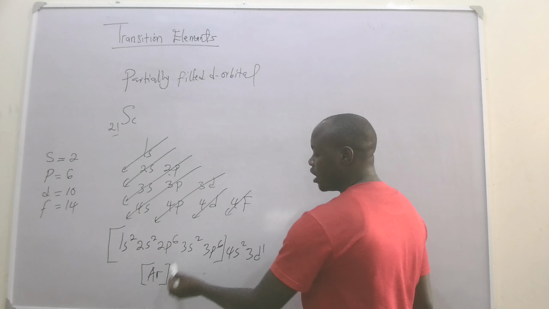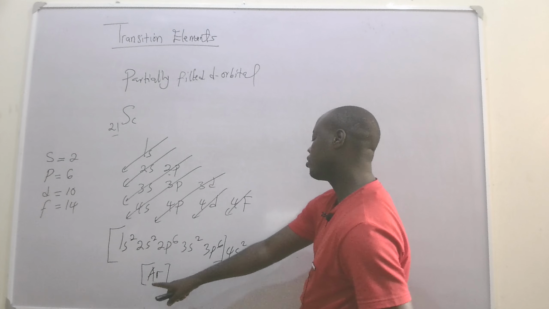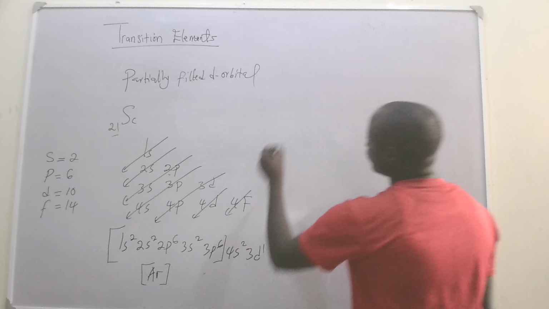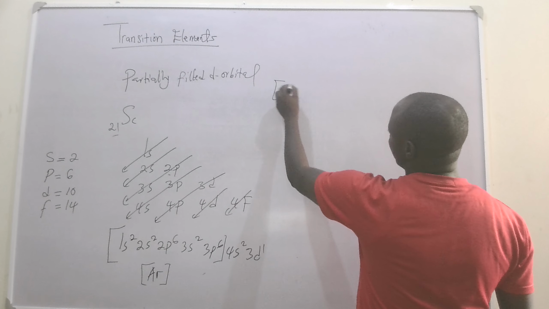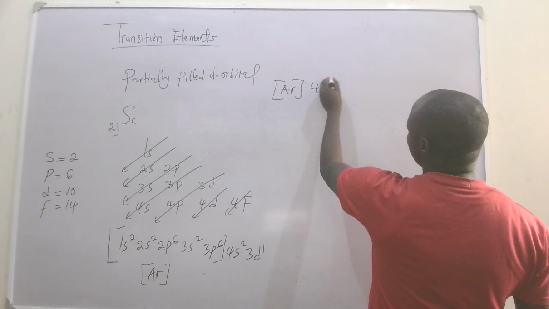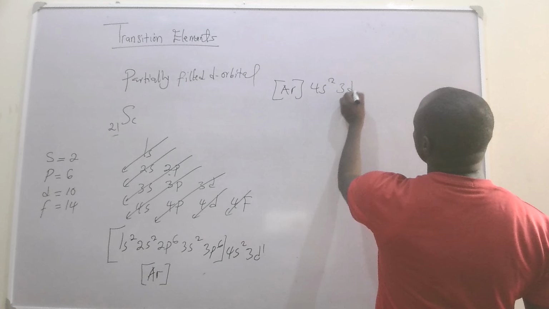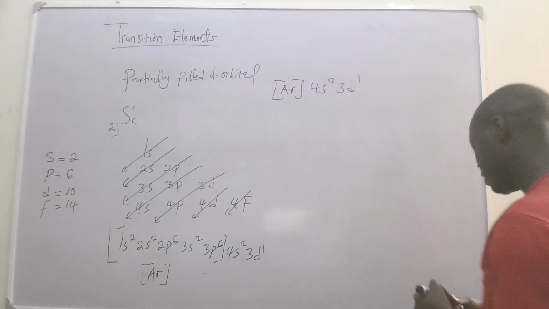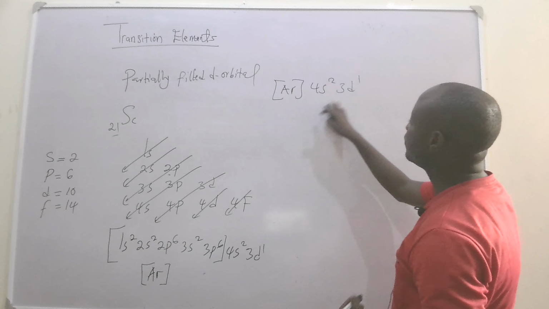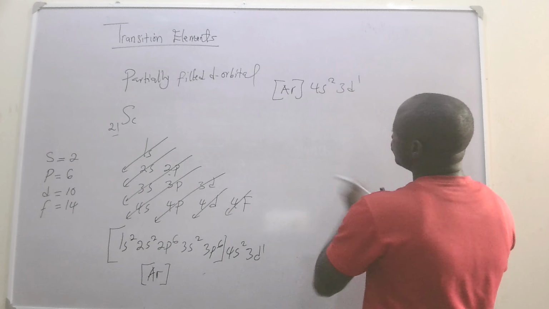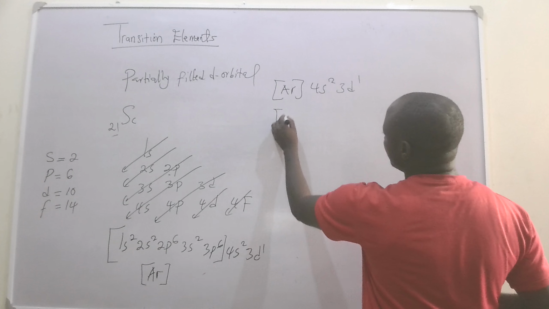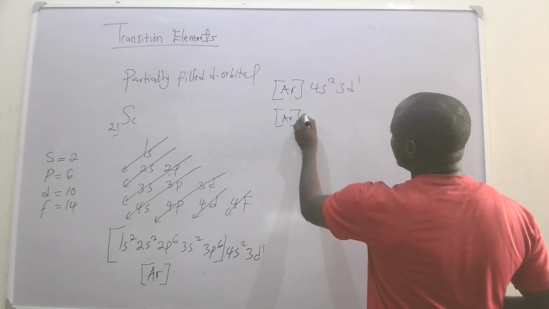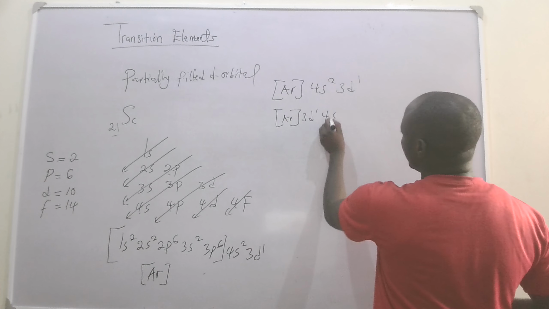Argon core means that after writing the electron configuration of argon, it will now follow as argon configuration, then we have 4s2, then 3d1. But because 3d must come first before 4s, we rearrange them. We now have argon configuration, then 3d1, then 4s2.